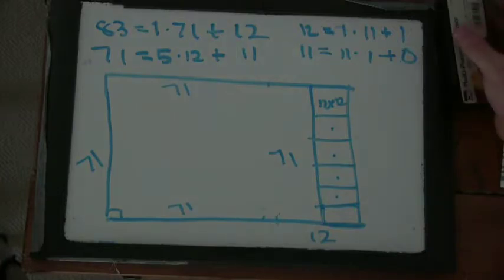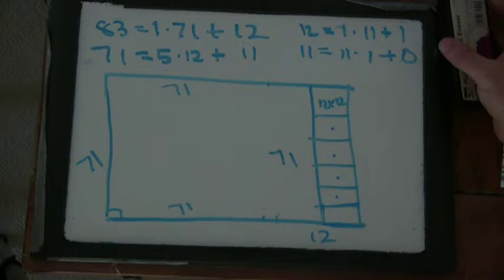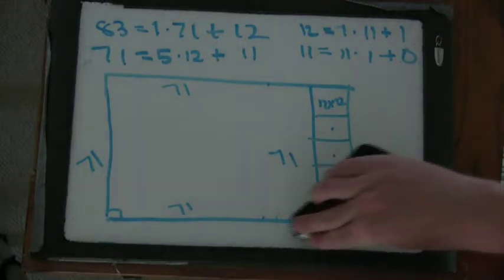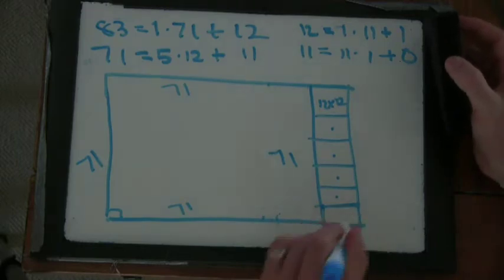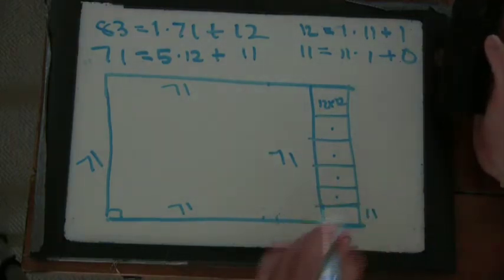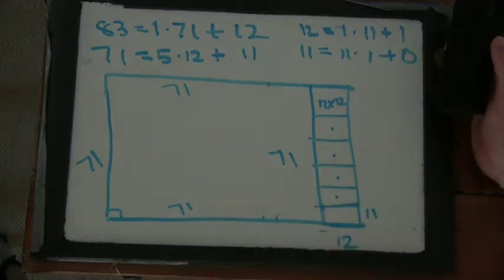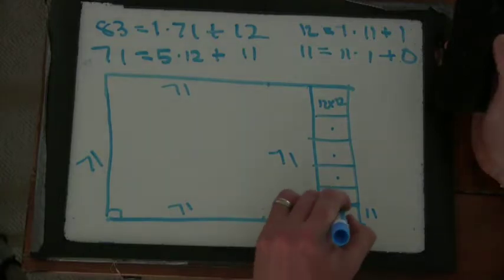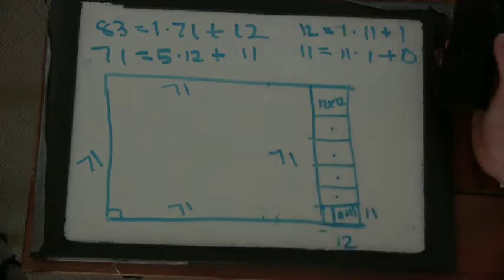So it's 12 long and 11 tall. Okay, so what happens here? Then you can fit one square of length 11 into this. Okay. So now I have one 11 by 11 square there.